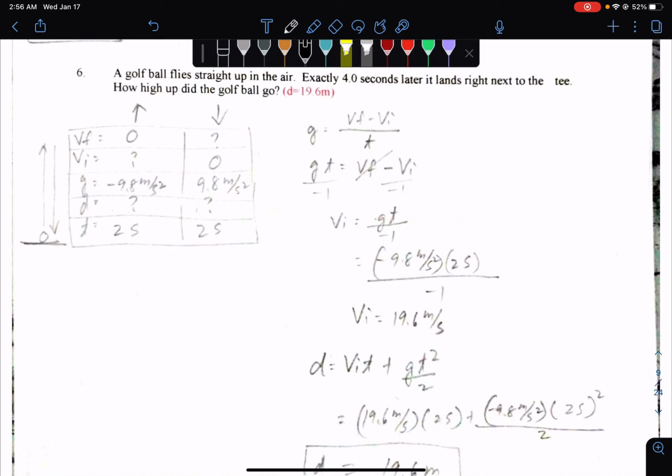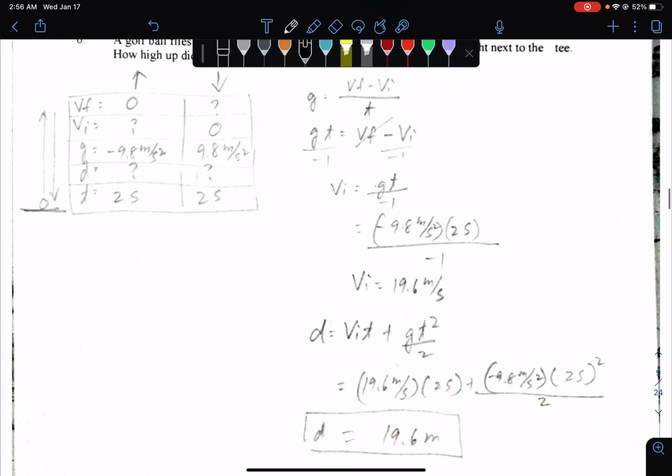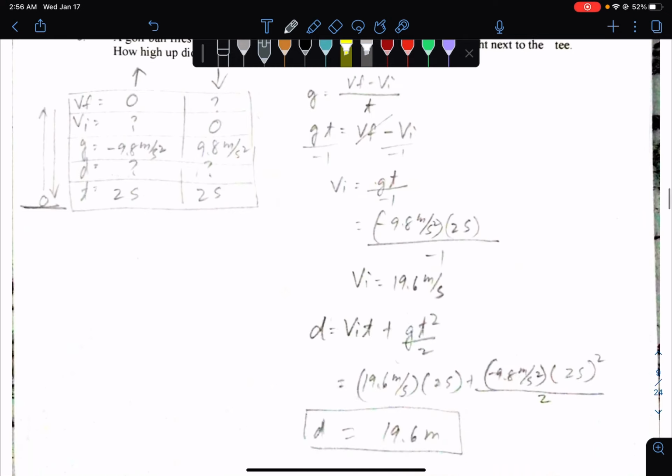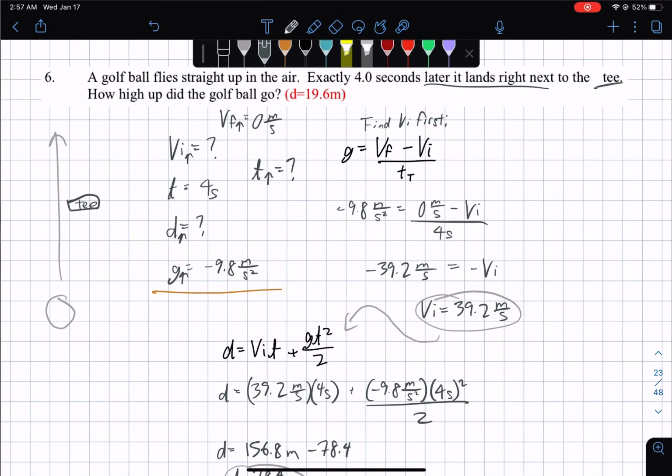Time is 25. How did 25 wasn't given? How were we supposed to know that information? It is stated here. Well, where the heck do we have to find that? Yeah, something's wrong.